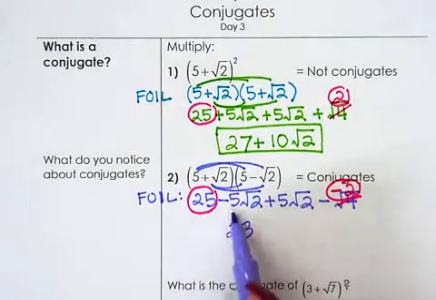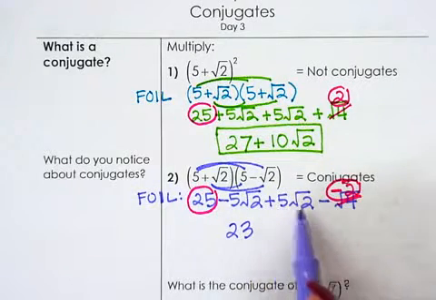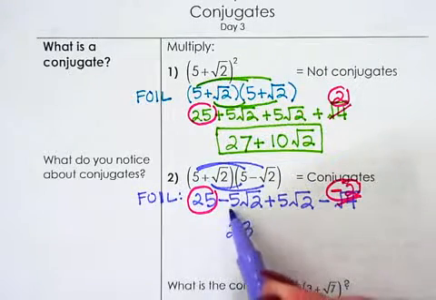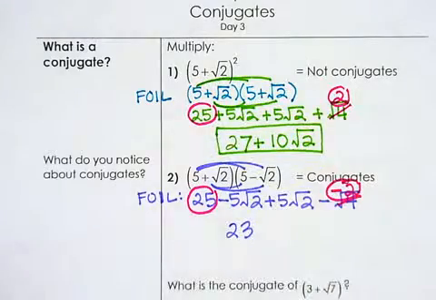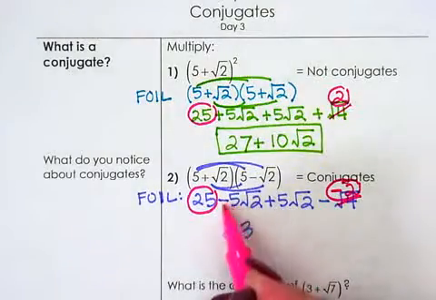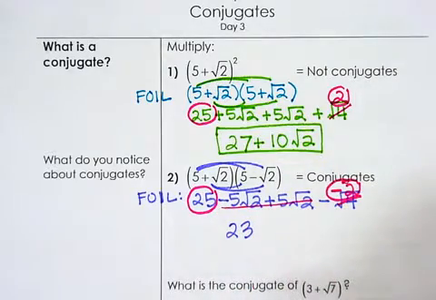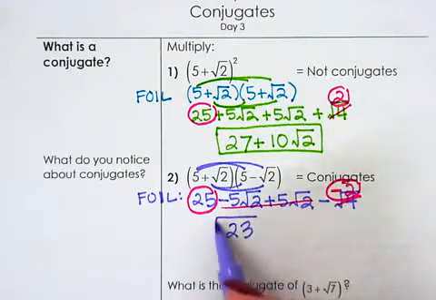Now the negative 5 radical 2 plus 5 radical 2, think of it like this: negative 5 plus 5 equals 0. So that cancels itself completely out. And since it cancels out, all I have as an answer is just 23.